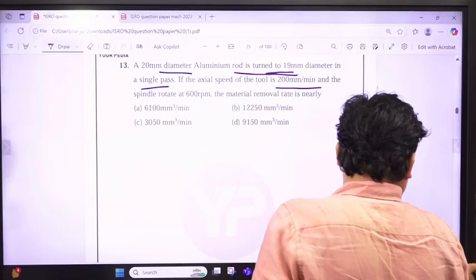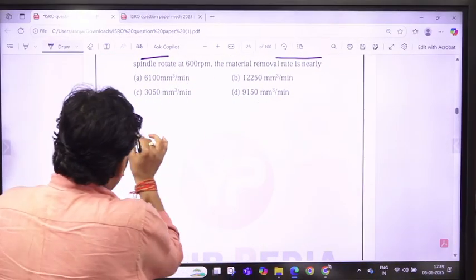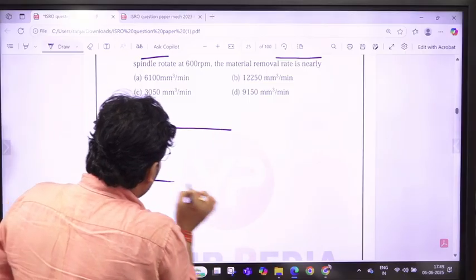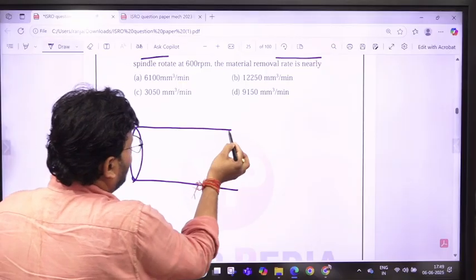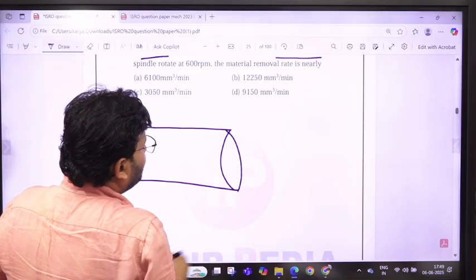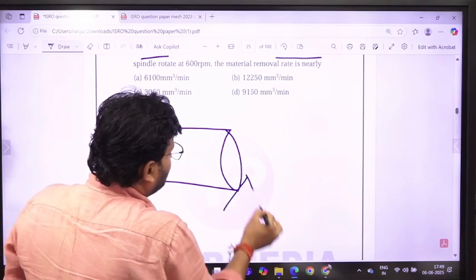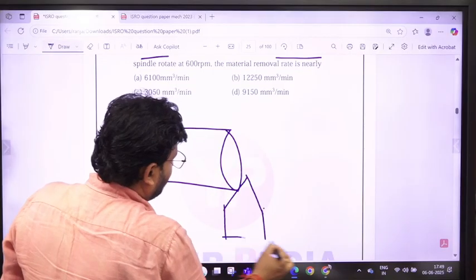So my dear friends, suppose that initially that was your aluminum rod and the diameter given is 20 mm, right? And you are going to use one turning tool operation. That is the turning you are going to use there.